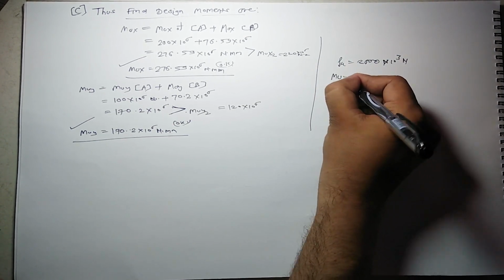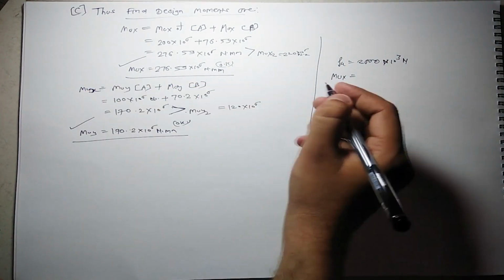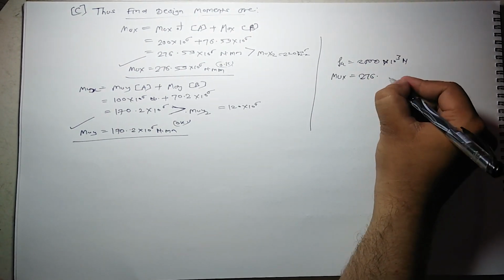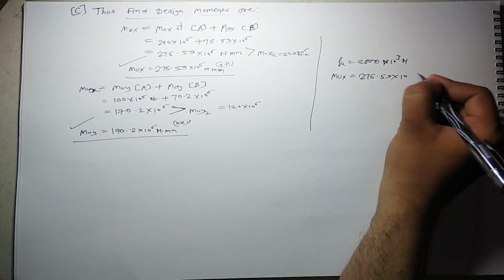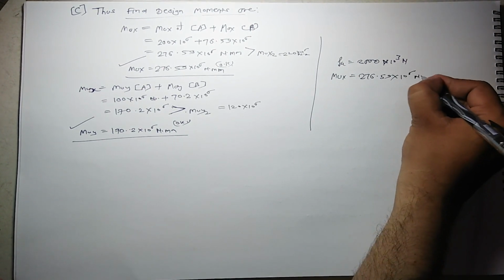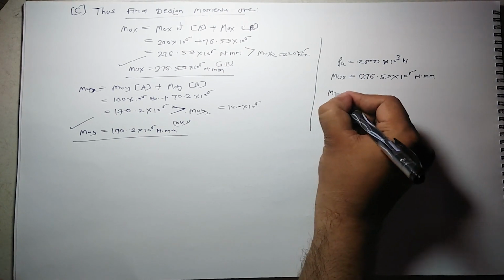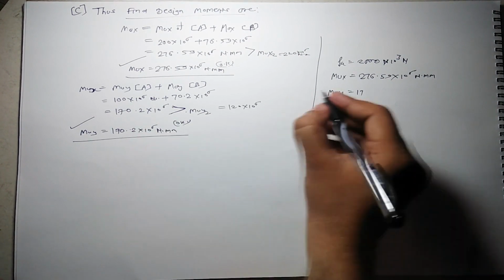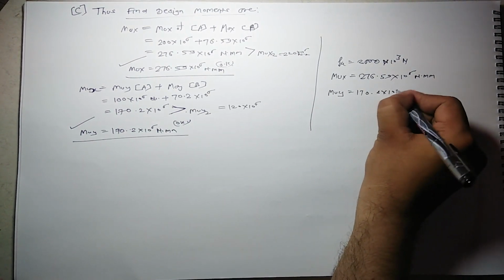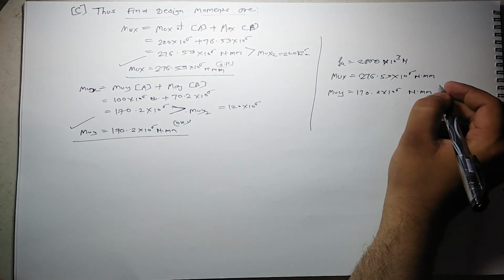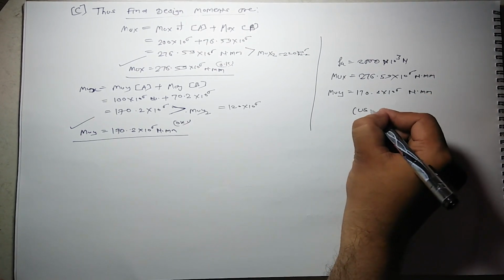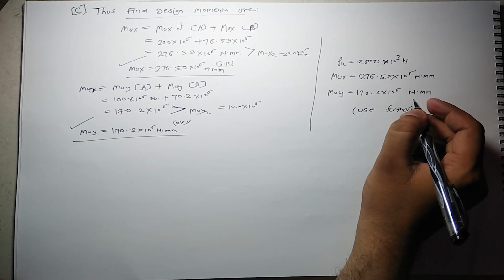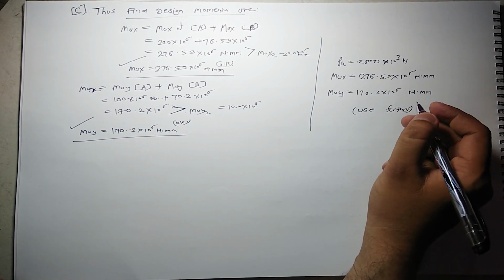Then Mux should be 276.59 into 10 to the power 6 Newton mm, and Muy is 170.2 into 10 to the power 6 Newton mm. Now we need to use these for further calculations. Okay, so these are the very important part.